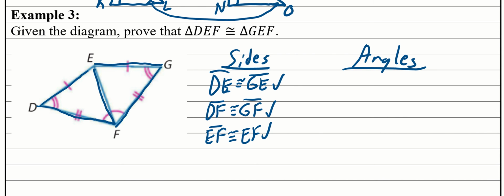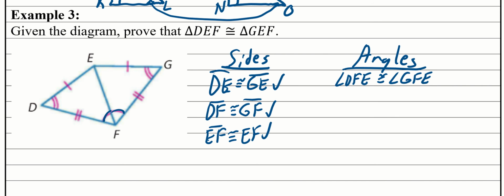Now the question is, can we do the same thing with the angles? Because if we can do the same thing with the angles, then we're done. We've shown that these have to be congruent. The first pair of angles I see here, in this case I do need to name them with all 3 points because there's 2 angle Fs. I see angle DFE is congruent to angle GFE, since they both have 1 arc.